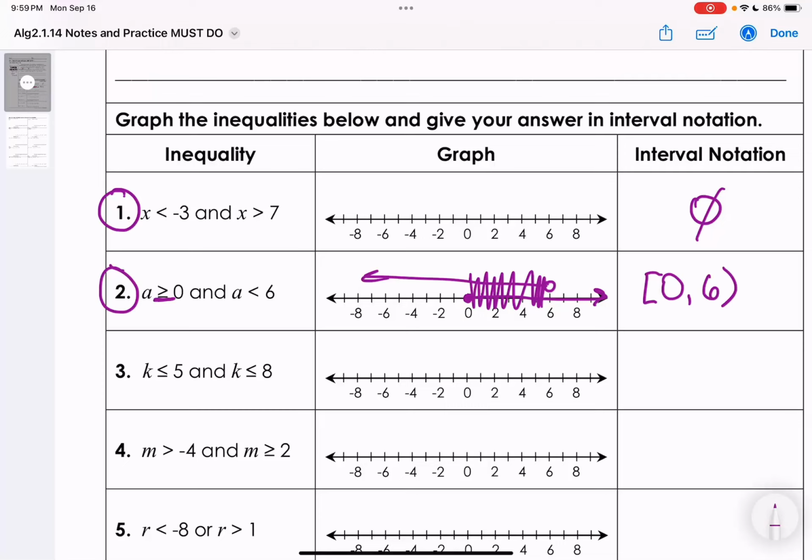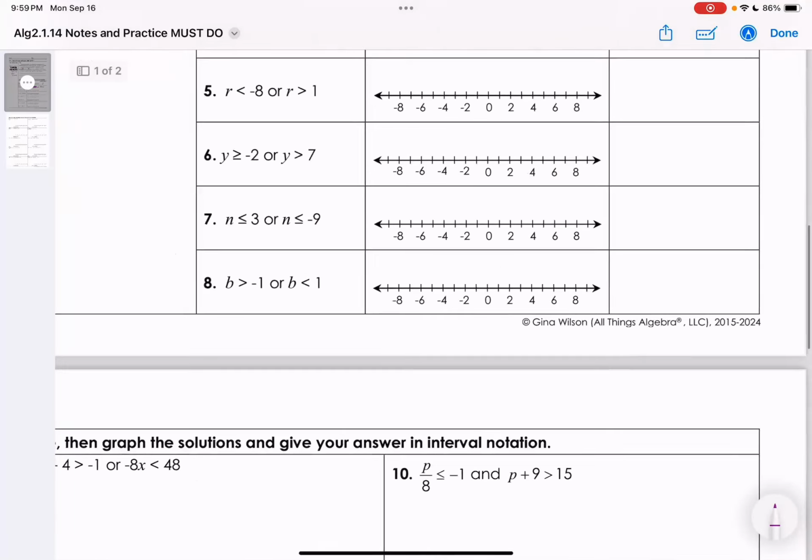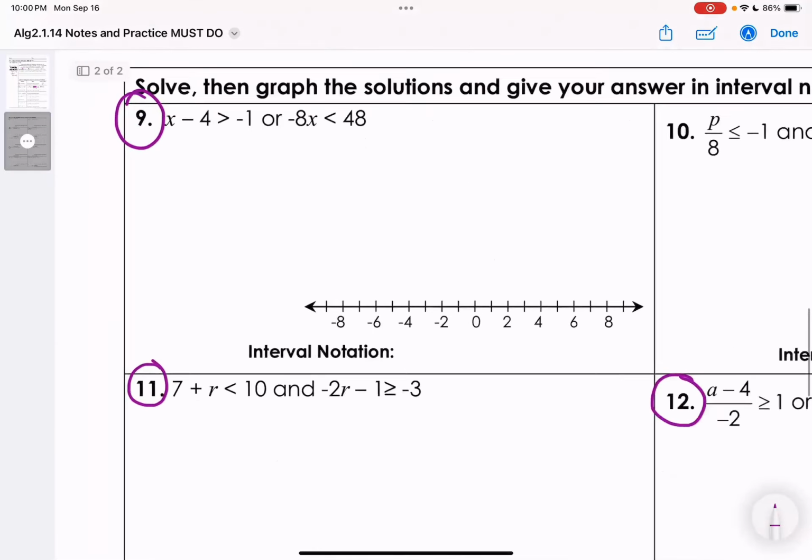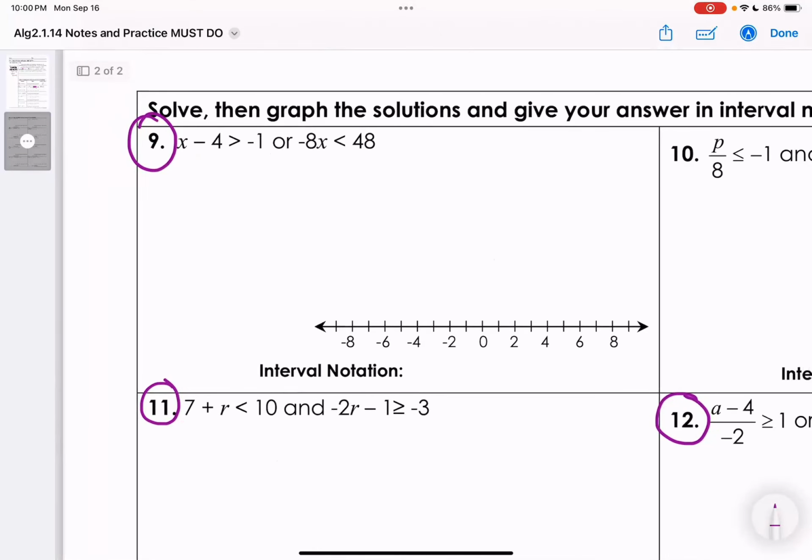And remember, since it's less than, not less than or equal to, it's open right there. So that is this part. You would graph it a little bit more neatly than that. It would be graphed like this.